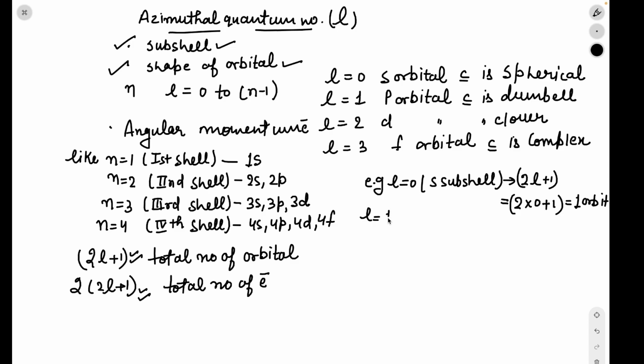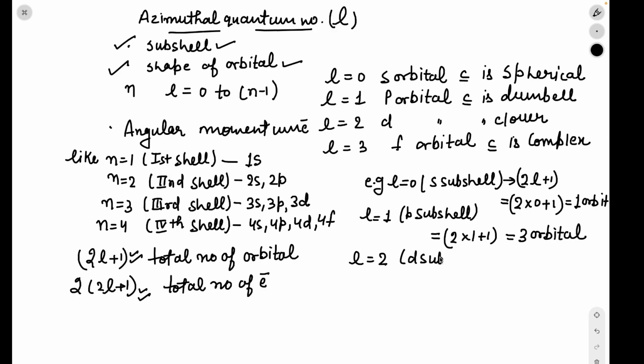And for L equal to 1, that is for P subshell, the total number of orbitals will be 2 into 1 plus 1. That means a total of 3 orbitals. And for L equal to 2, that means for d subshell, the total number of orbitals will be 2 into 2 plus 1, that is 5 orbitals.